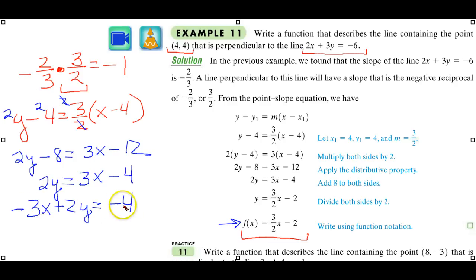Now this is standard form, but usually they don't want this first term to be negative. If we don't want this first term to be negative, what do we have to do to each term so that we change all of the signs? And that is, we multiply each term by a -1.